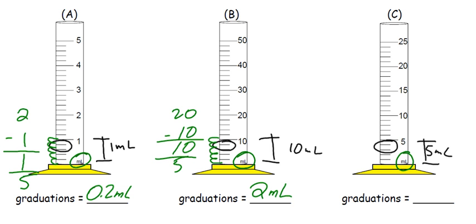From here there's 5, but I also have 1, 2, 3, 4, 5. 10 minus 5 equals 5. Divide by 5, I get 1 milliliter. Which means these unmarked graduations are 1 milliliter in C, 2 milliliters in B, and 0.2 milliliters in A. So now let's go ahead and do an example.